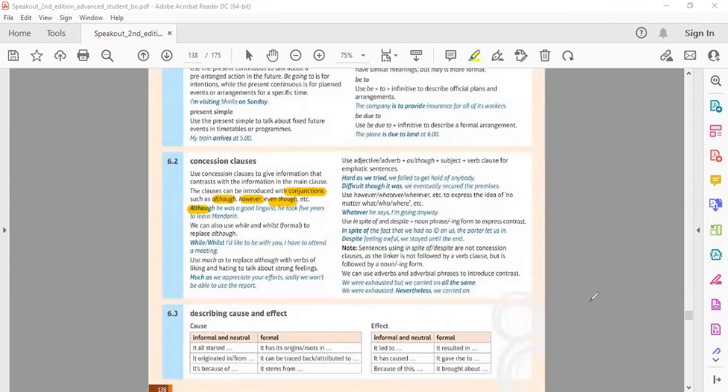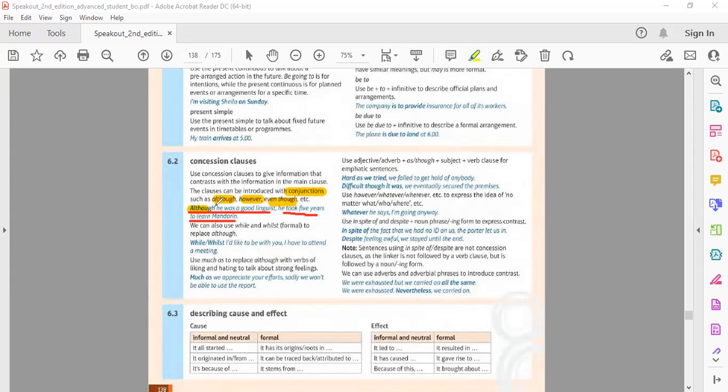And now the third type, which is what we call the complex. A complex sentence is made up of two kinds of clauses. It doesn't matter the order, by the way, it has one dependent and one independent. Why is it complex? Because one part is relying on the other.